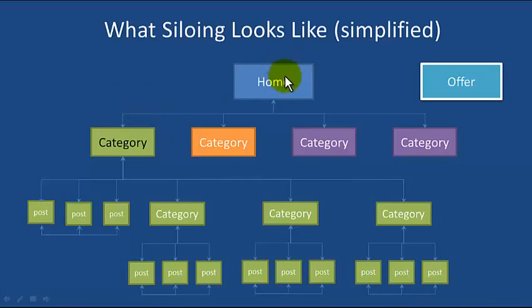And any search bot which is coming to index this, any search spider that's coming to figure out what this site is about, is going to find it very much easier than the previous scheme, because all of the posts that are within the silo all link within the silo, but they don't link out to anything else. They just stay within the subject, within the theme, of the category that they've been assigned to.